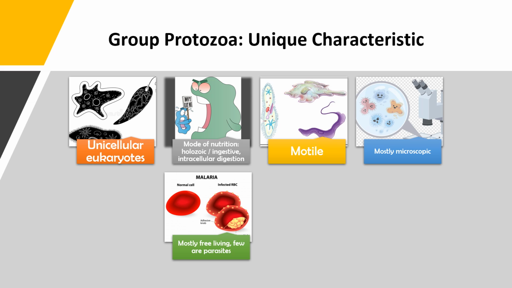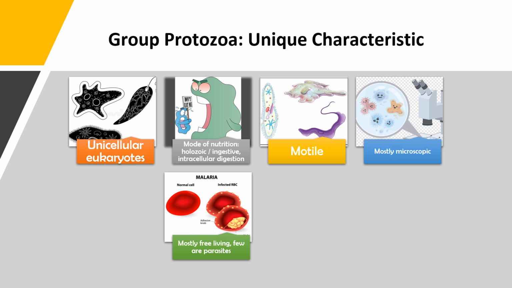And most of the protozoa are free living. It means that they don't need a host to live, except there are a few protists that are parasites. For example, here is plasmodium which causes the disease malaria. So plasmodium needs a host, which is our red blood cell, to live. So it will live inside our blood cell.